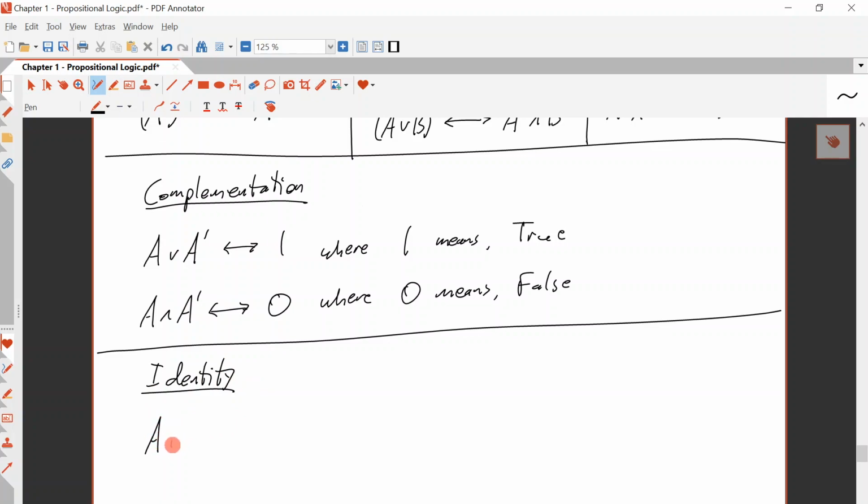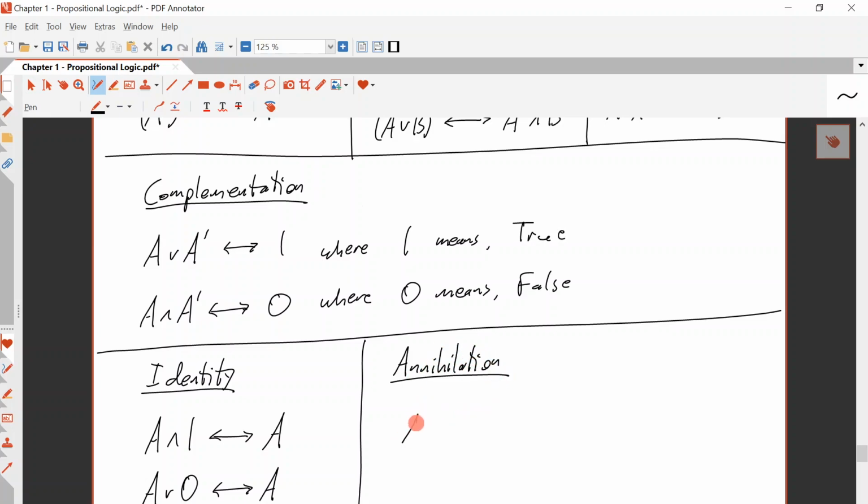And now that we've got the 0 and the 1, we have the identity tautologies, which are that A and 1 is logically equivalent to A, and A or 0 is logically equivalent to A, and we also have the annihilation tautologies, which is A or 1 is 1, and A and 0 is 0.